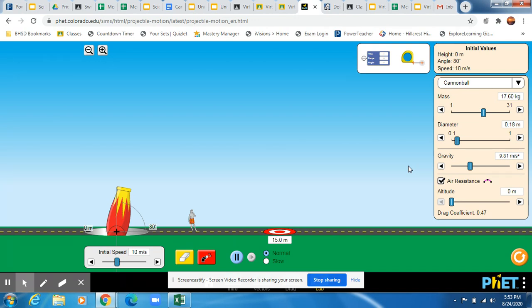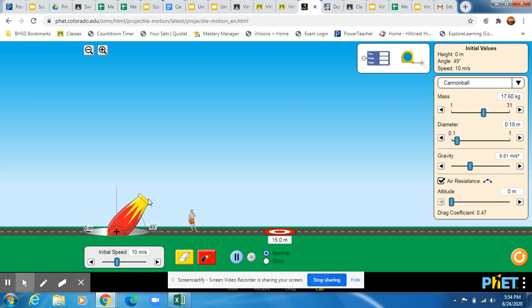Now, what is the independent variable? An independent variable is the variable the scientist changes in an experiment. So what is the independent variable going to be in this experiment? Now, if you said the angle, then you were correct. We are going to change this angle.